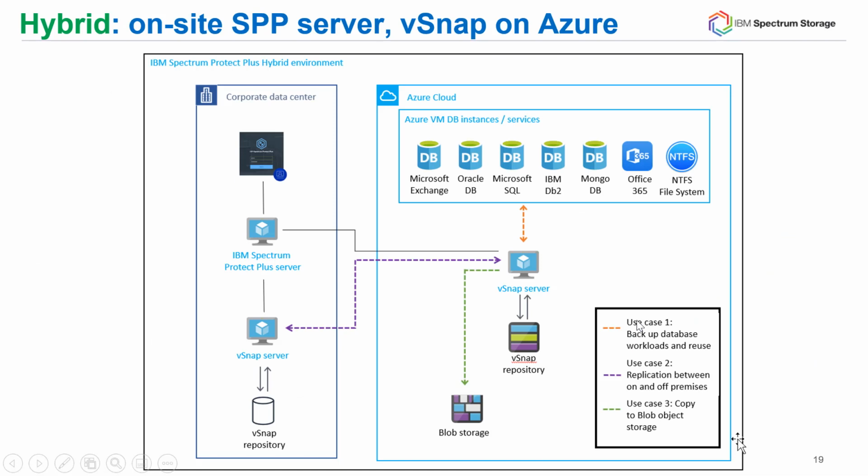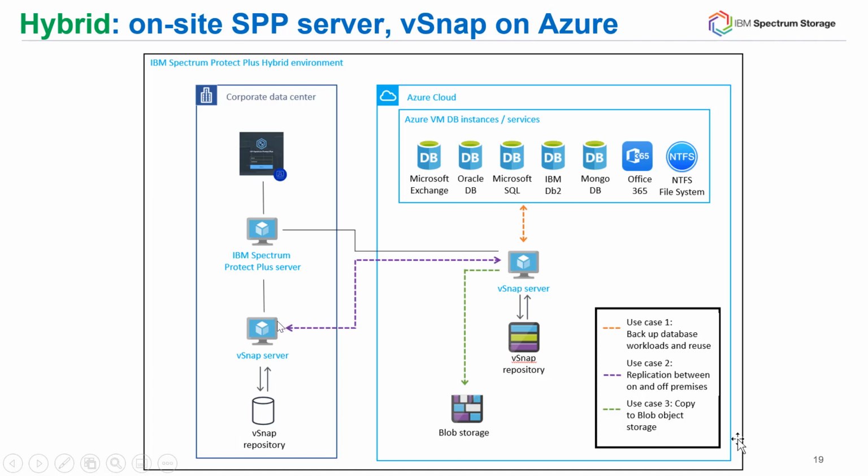The second solution would be a hybrid solution. So here we have an existing corporate data center with an existing Spectrum Protect Plus server and vSnap. And then out in Azure, we're going to deploy another vSnap server and repository and optionally blob storage. And so now in this case, the workloads that are running inside of Azure will be backed up to the Azure Cloud vSnap server and optionally offloaded for long-term retention down to the blob storage.